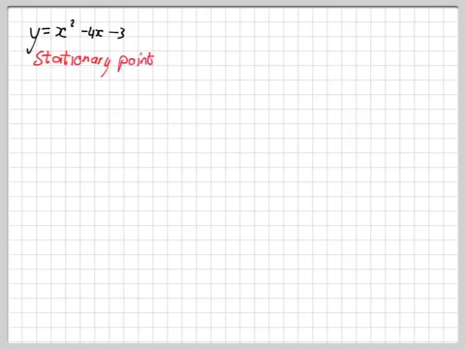So this I want to illustrate for you by looking at a parabola's equation, y equal to x squared minus 4x minus 3. What would the stationary points of this specific parabola be? Let's get the derivative and let's see.